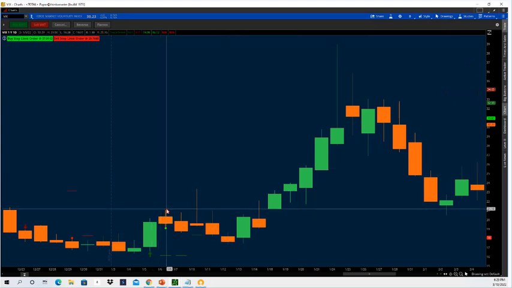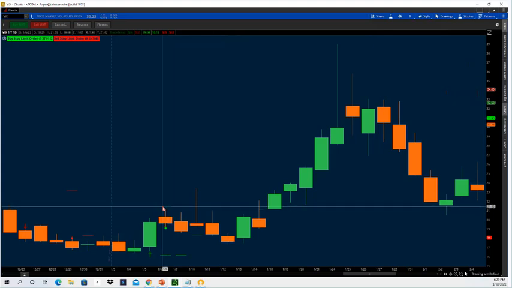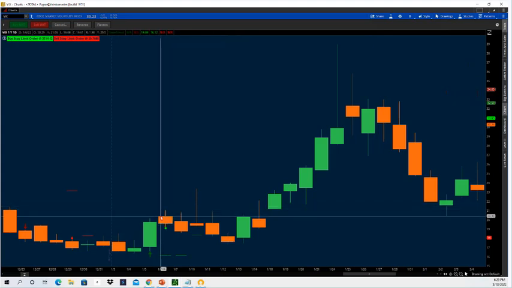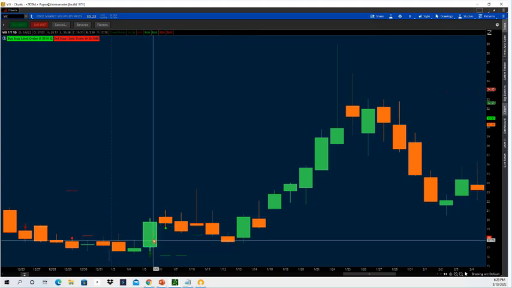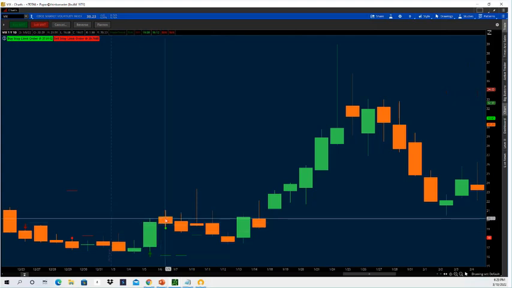The problem is a good majority of the time that may not follow through, and we end up in a losing trade right off the bat. And that can be problematic, right? So we designed this algorithm to project a future price. So in the case of a buy signal, it would be at a price that's higher than the current closing price.